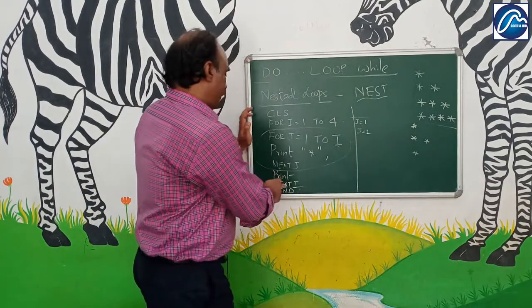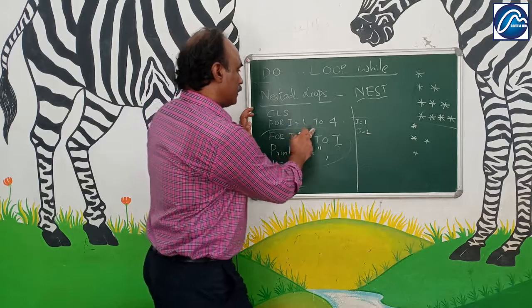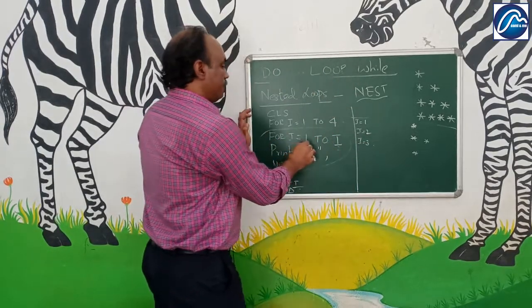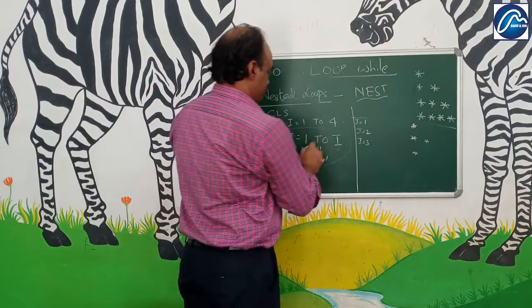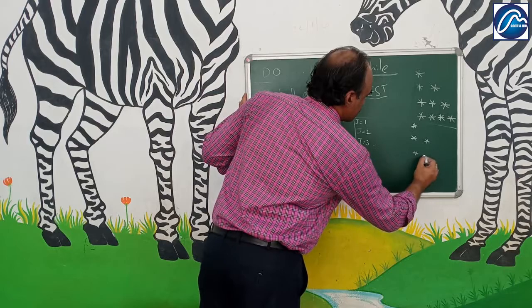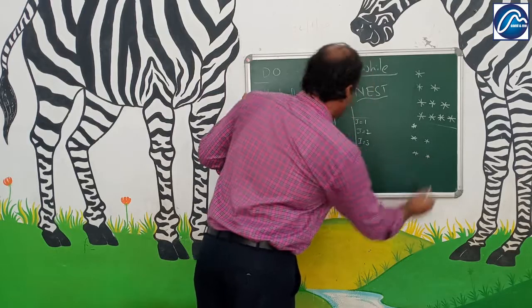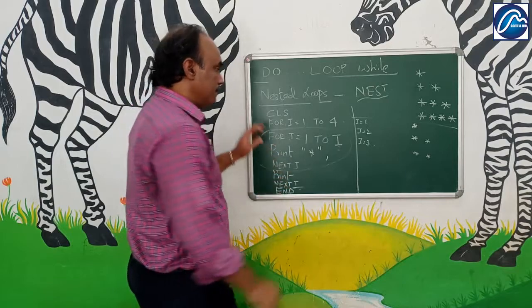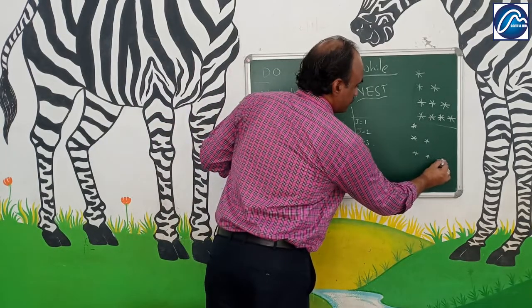What is the value of I here? I will be equal to 3. And here J will have the value 1 to 3. Okay, so the next printing starts. And I have given the print here. Next line, cursor goes and stays there.